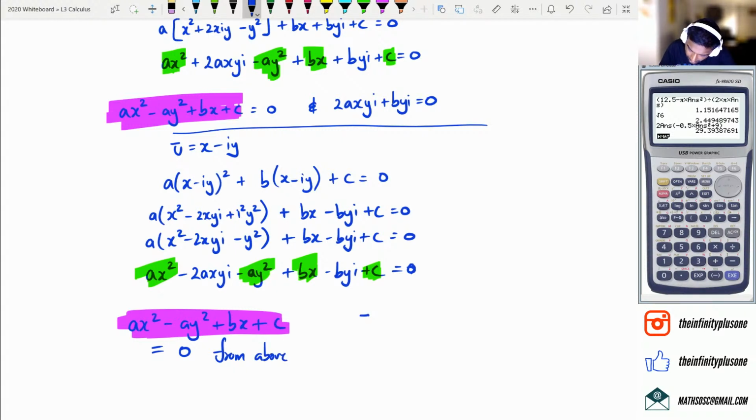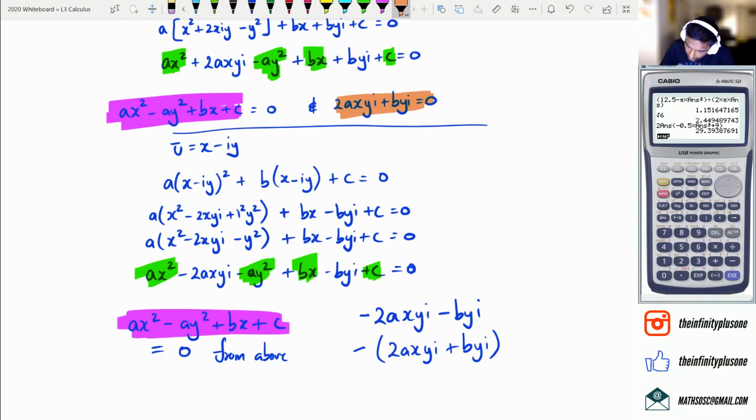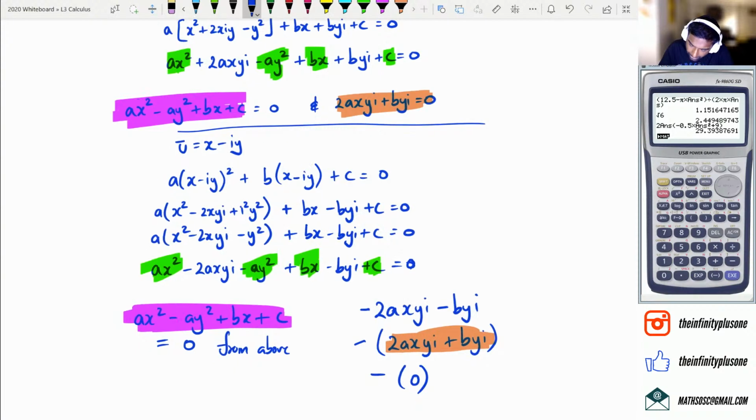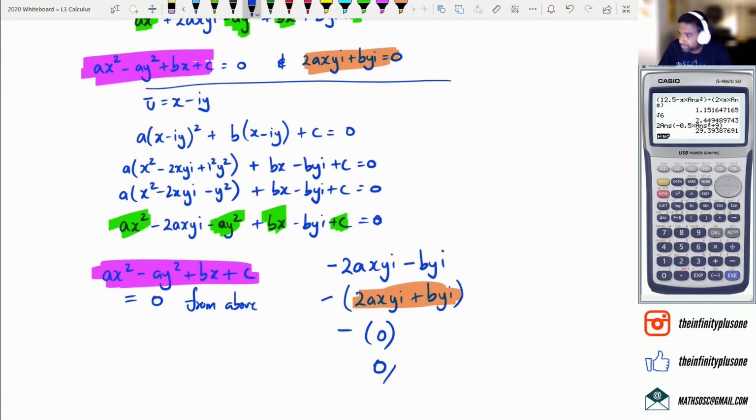Then my imaginary parts: I've got minus 2axyi minus byi. Take the negative out, so it becomes negative (2axyi plus byi). Since this part is equal to 0, this is minus 0, which is 0. So we proved it.